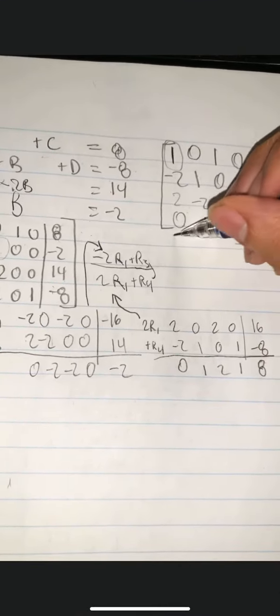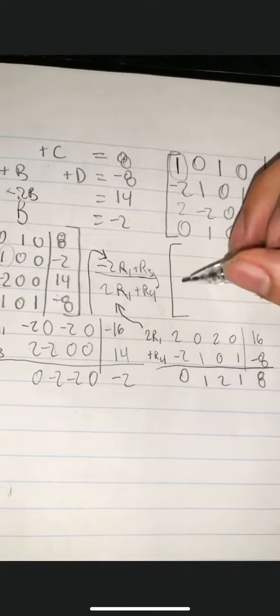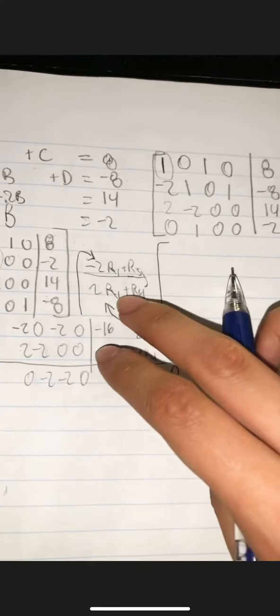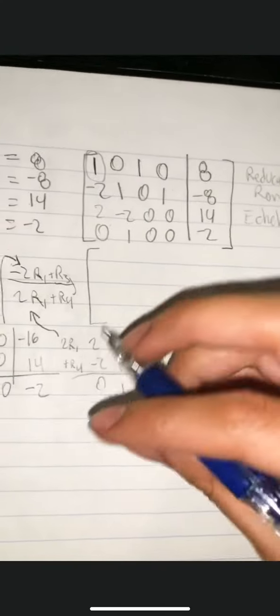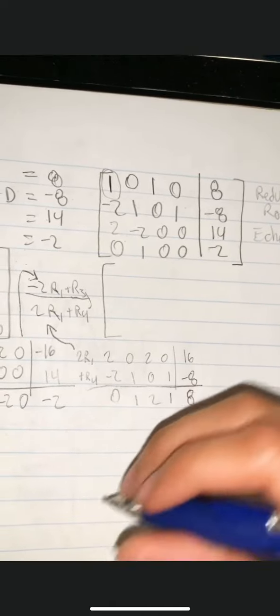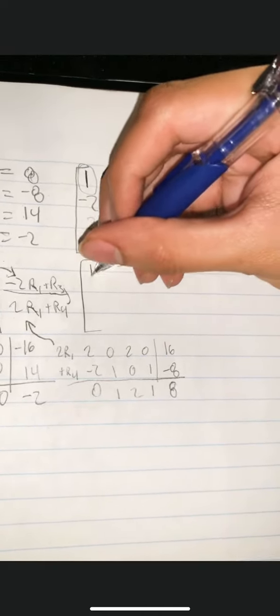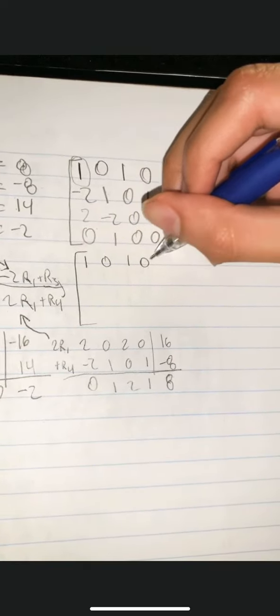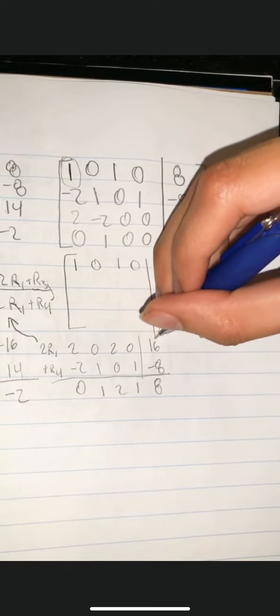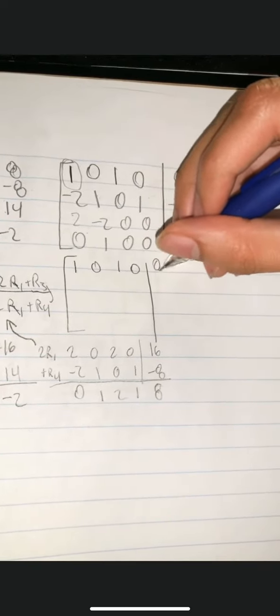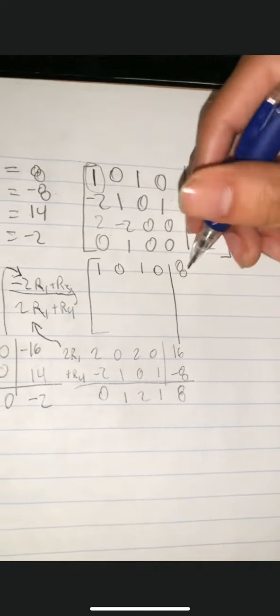So now I will write it here as our matrix. So these are basically two steps into one step right here. So that's what I'll write out. So row 1 stays the same. It'll look like this: 1, 0, 1, 0, and we have 8. So then row 2 also stays the same: 0, 1, 0, 0, -2.